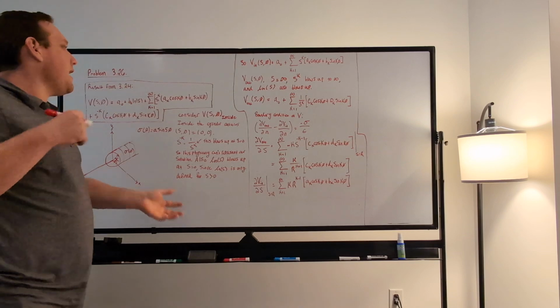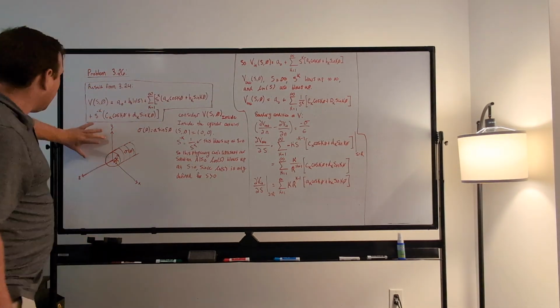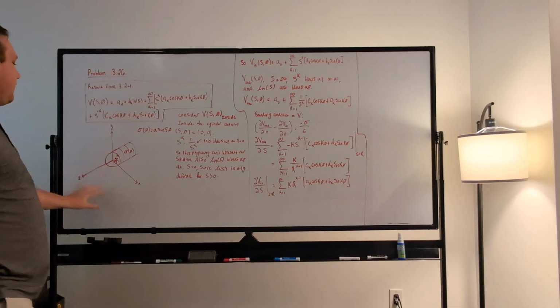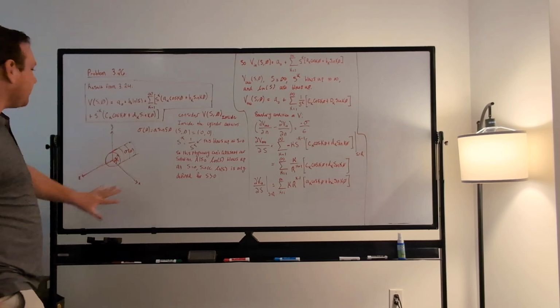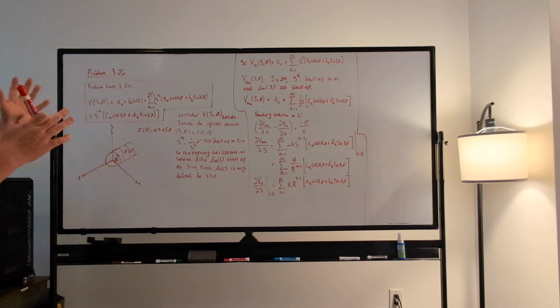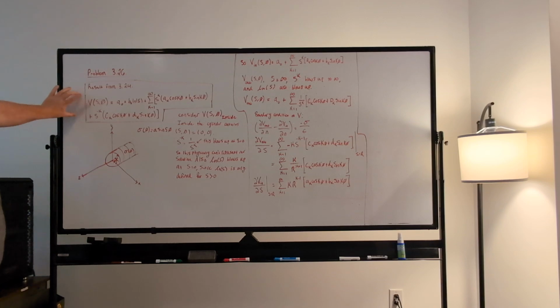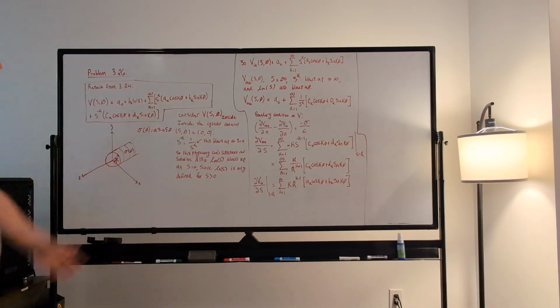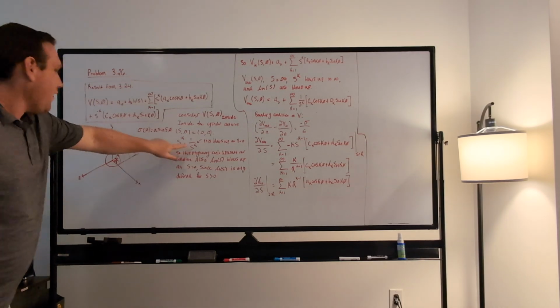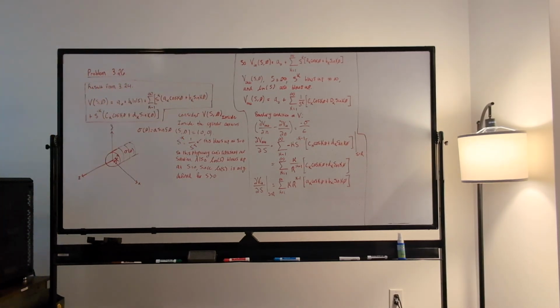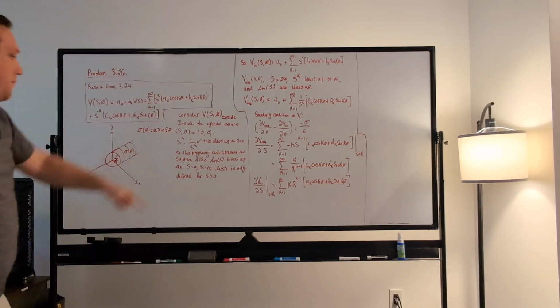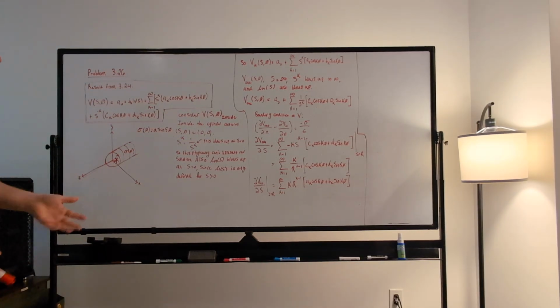Then we're going to do the same sort of analysis for points outside of our cylinder. Anywhere outside of our cylinder, how is our potential function limited? Well, 1 divided by s to the k, if s is very large, like infinity, is not a problem.